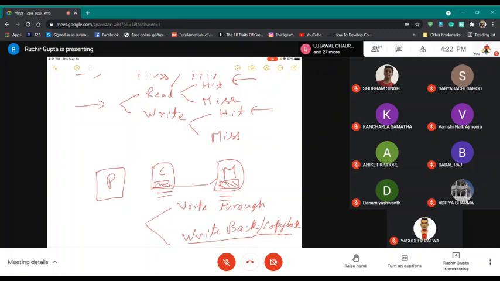So the blocks that have dirty bits are updated in main memory. Another way is, while updating, you can directly write to main memory and cache memory both. Now, can you tell me which one is better and why?